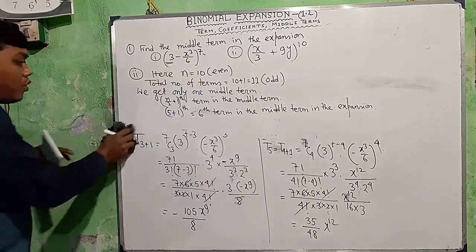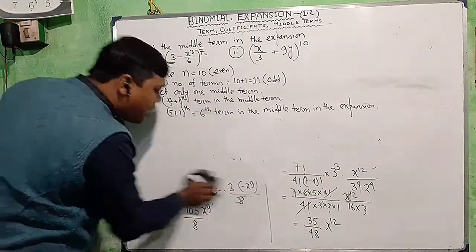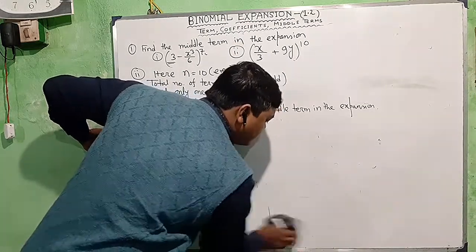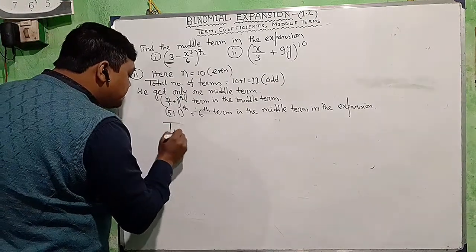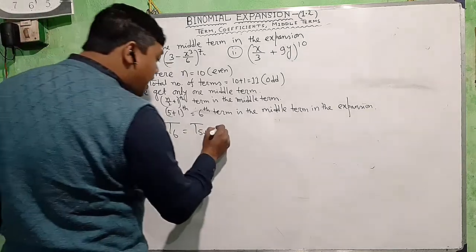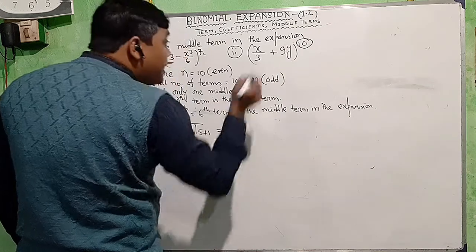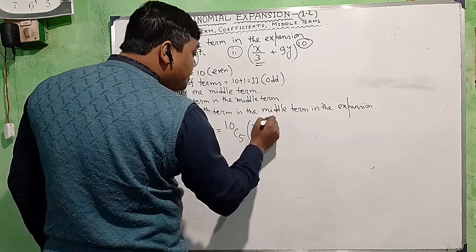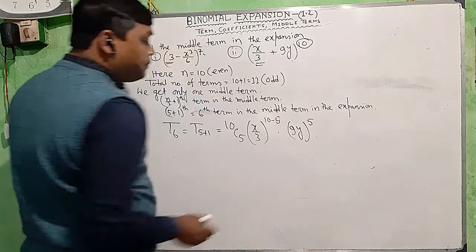So now we have to calculate T5 plus 1, so we get the required result. T6 means T5 plus 1, the term according to the t(r+1) formula, nCr, where n equals 10, 10C5 a to the power n minus r, x by 3 here, a equals to 10 minus 5 into b to the power 5, that is whole to the power 5.